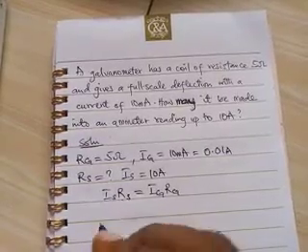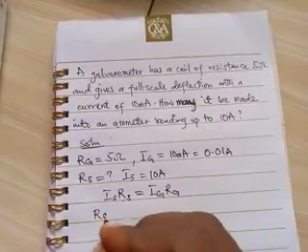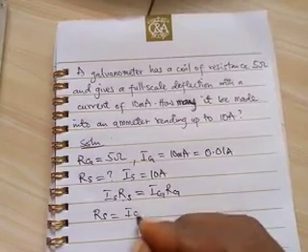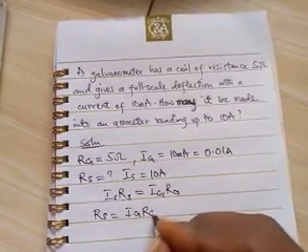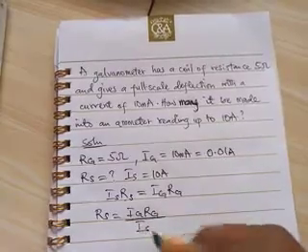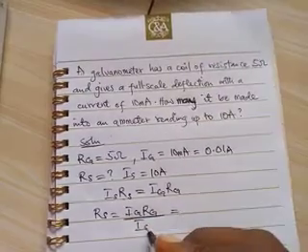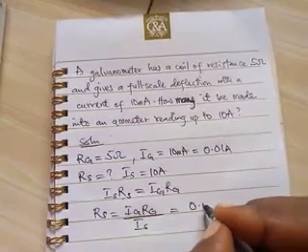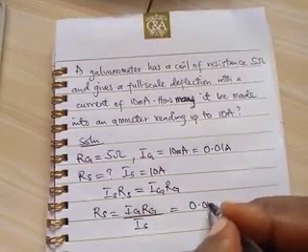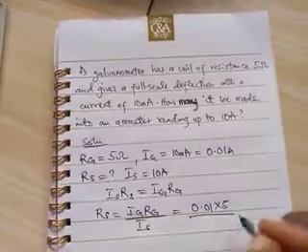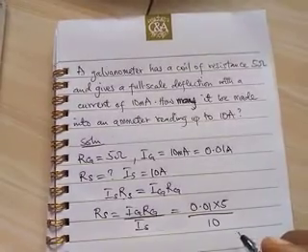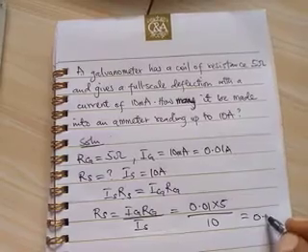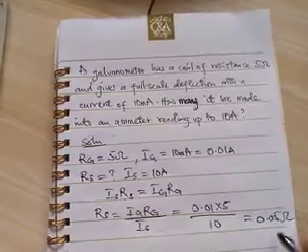We can make R_S the subject of the formula: it will be equal to I_G R_G over I_S. If we plug in the values, we have 0.01 times 5 over 10. If we press the calculator, we'll get 0.05 ohm.